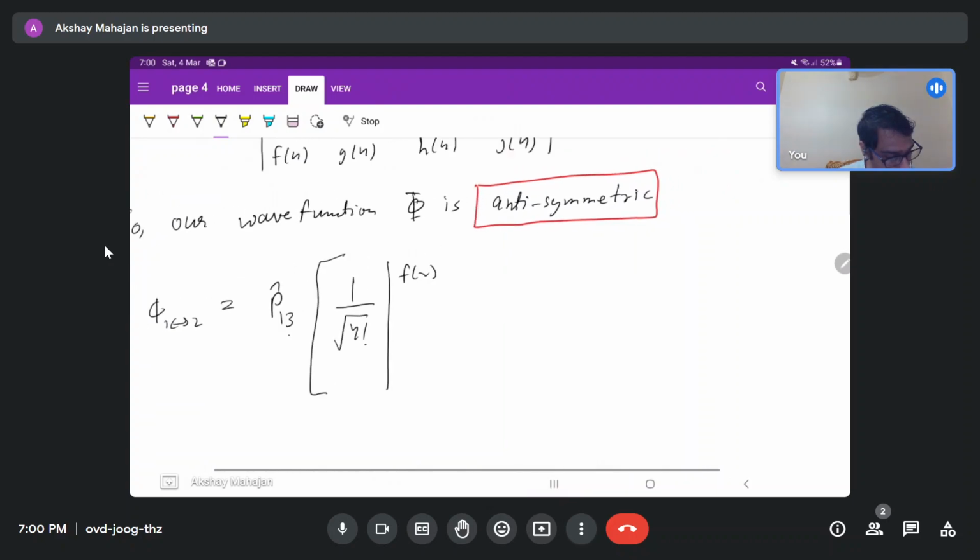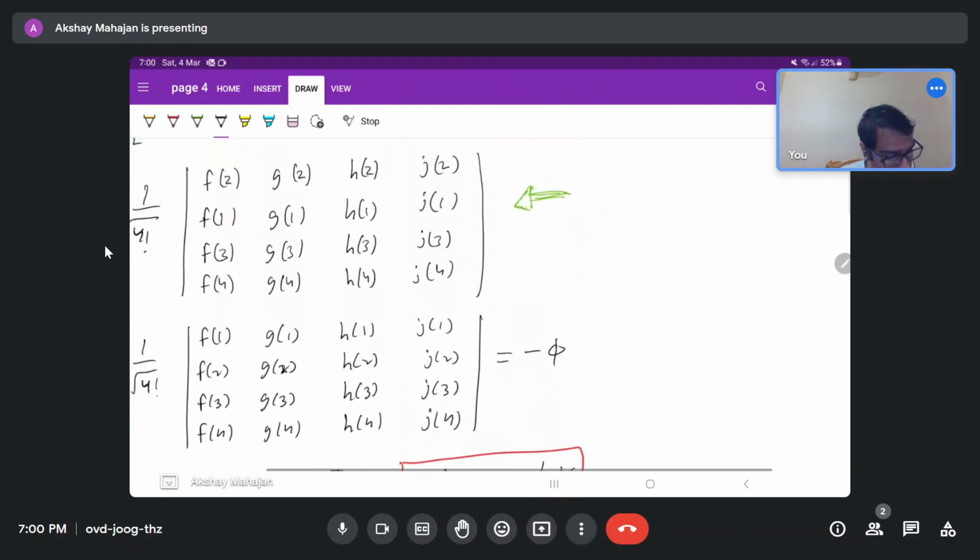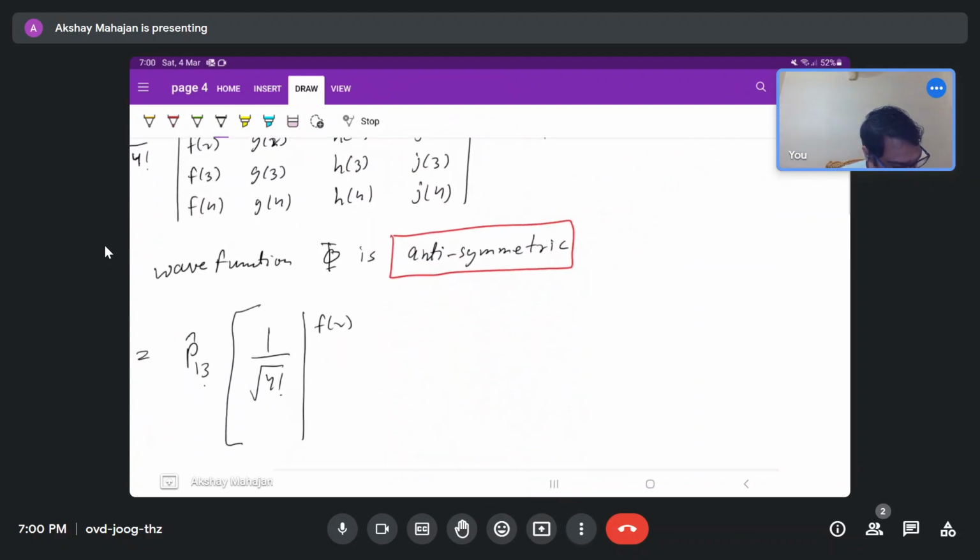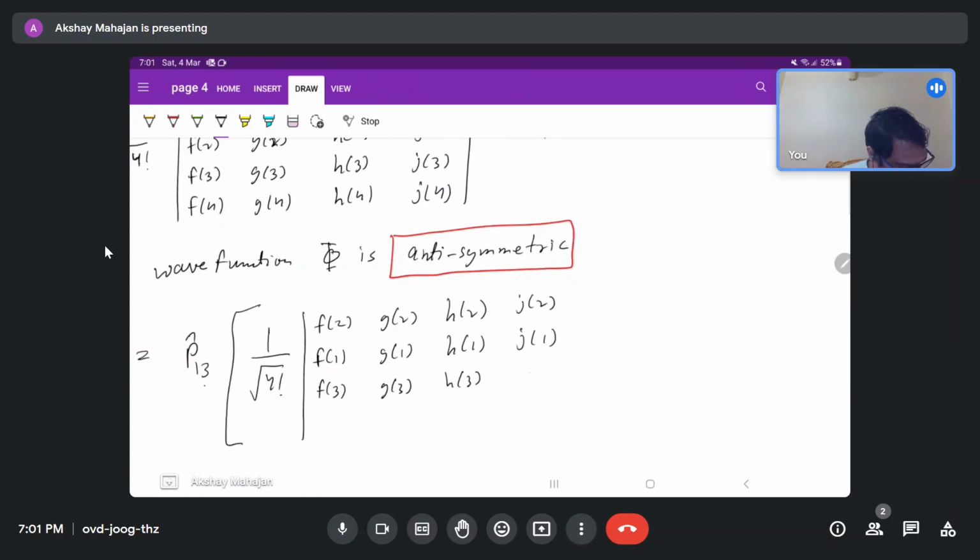So what you have in phi 1 2 was F2 G2 H2 G2, F1 G1 H1 G1, F3 G3 H3 G3 and F4 G4 H4 G4.